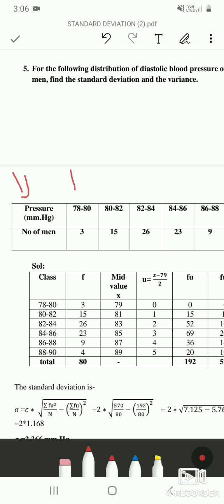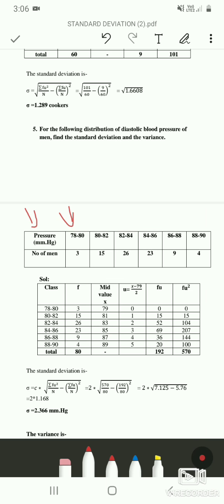The class intervals are from 78 to 80, 80 to 82, 82 to 84, up to 88 to 90, and corresponding number of men values are given, that is your frequency, 3, 15, up to 4.